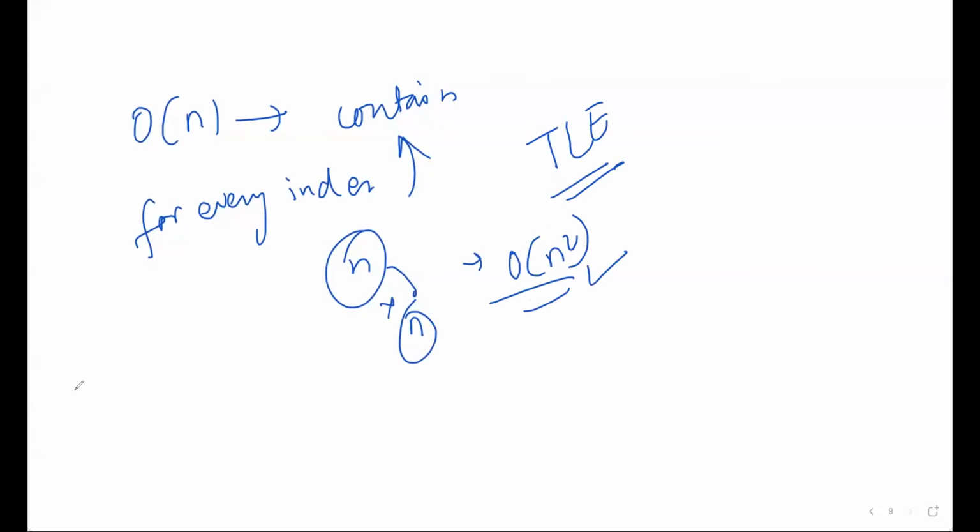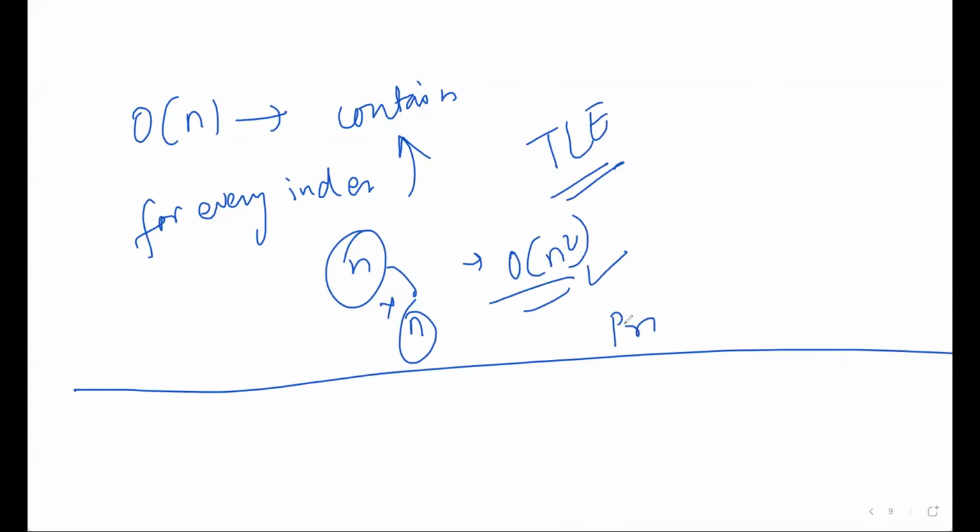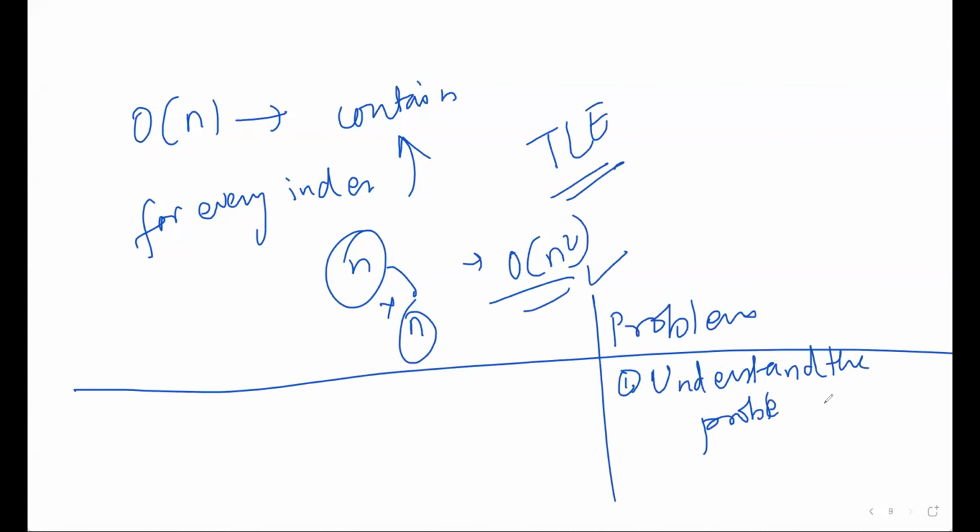Now one more thing. For solving any problem, what is the main requirement? Okay. So you need to first understand the problem. If you are able to understand the complete problem, 60% of your job is done.